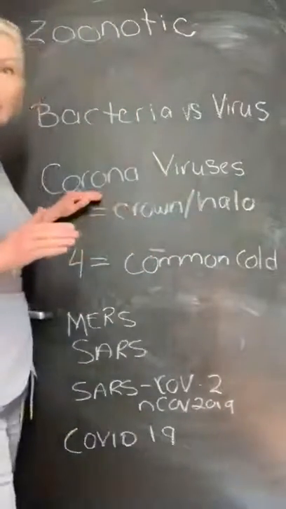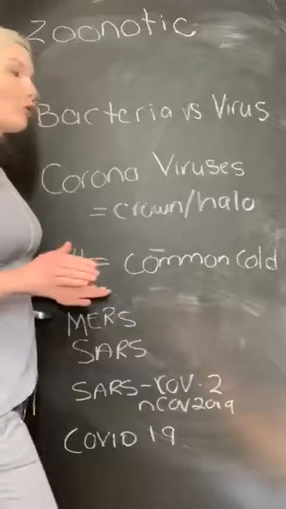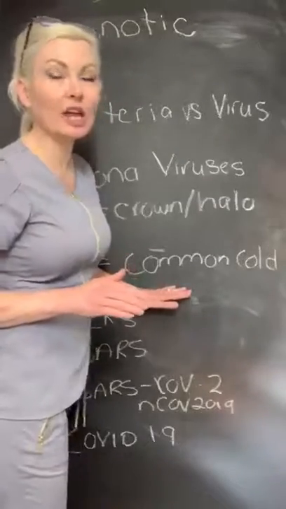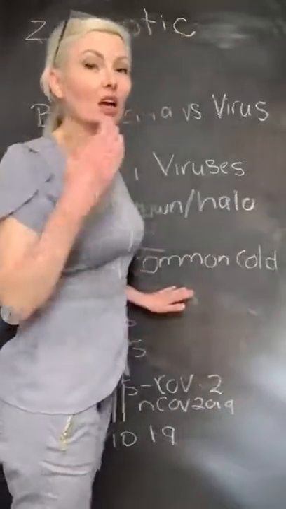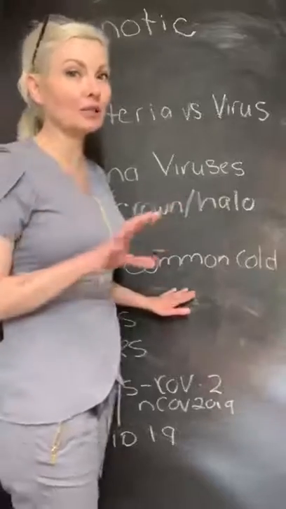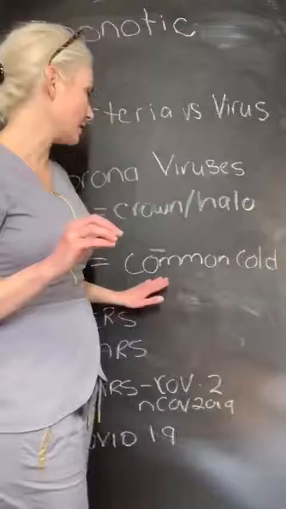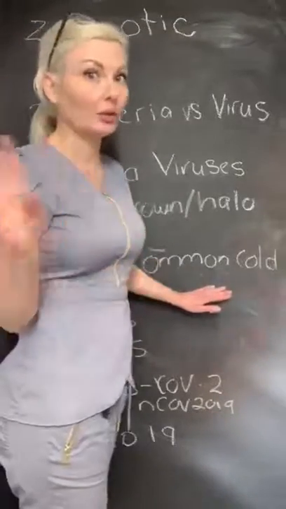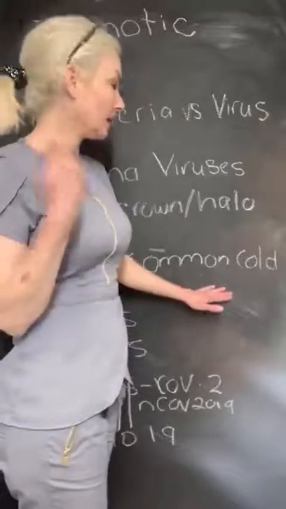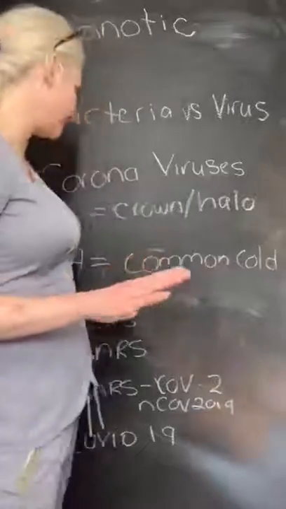So there are 7 coronaviruses out there. 4 of them cause the common cold, and they are in continuous and constant circulation amongst people all across the world. 4 different coronaviruses that cause the common cold. We've all had them. You can get them again, common cold.